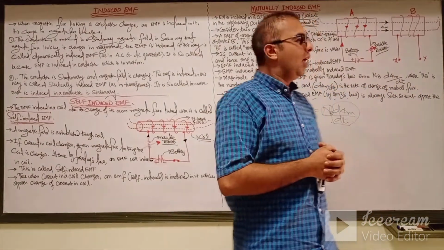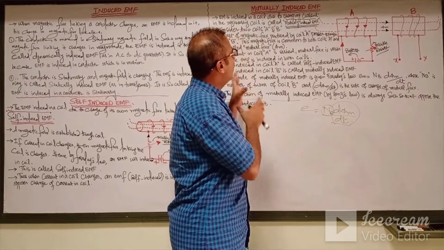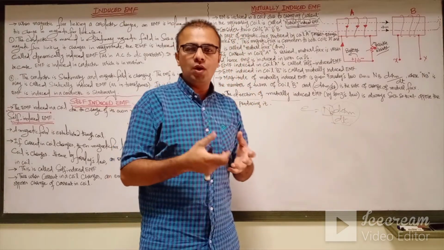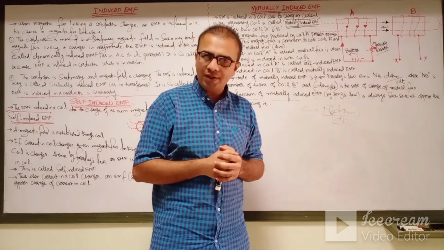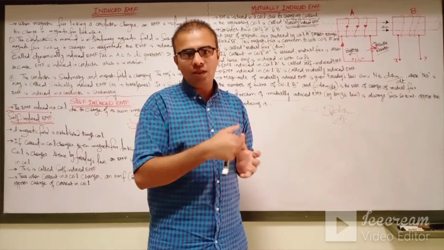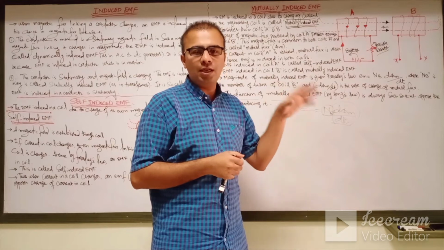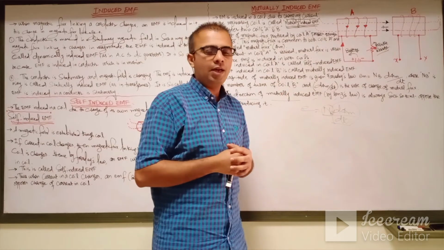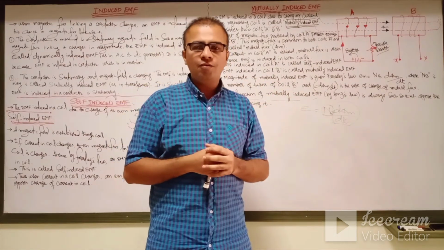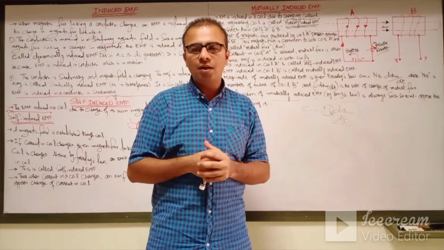in today's lecture. In the mutually induced EMF, two laws are verified, Faraday's law and also Lenz's law. Faraday's law means the EMF is produced in the conductor because of the change in the magnetic field linked with that conductor.